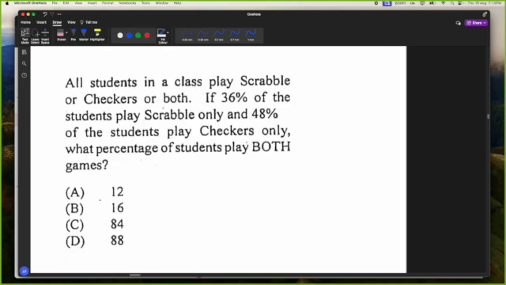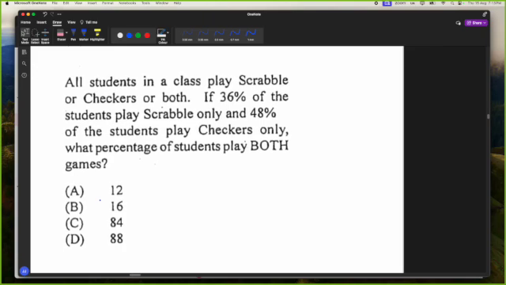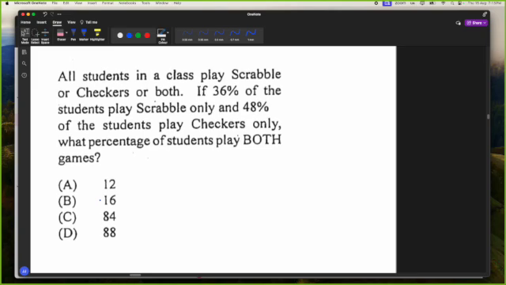All the students in our class play Scrabble or checkers or both. Same question again, right? They didn't give you a total this time though, but look at what they do instead. They say if 36%, so the minute they use percent, you know the total had to be 100%.